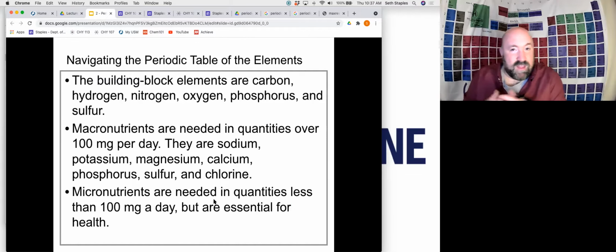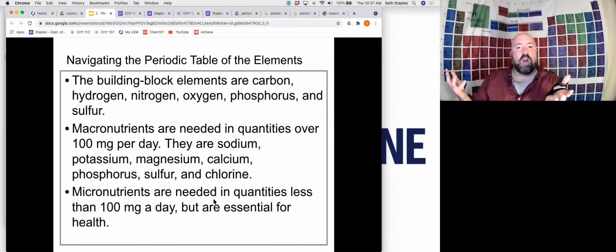We also have what we call building block elements, and I think I mentioned this in the first lecture. These are the very basics that we need for all structures within us: carbon, hydrogen, nitrogen, oxygen, phosphorus, and sulfur. We also nutritionally need certain macronutrients in amounts roughly equal to about 100 milligrams per day.